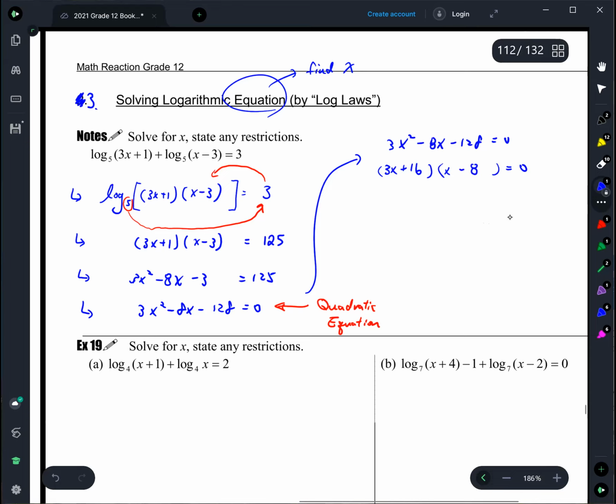Right, so Nick, you can help us get the x then.